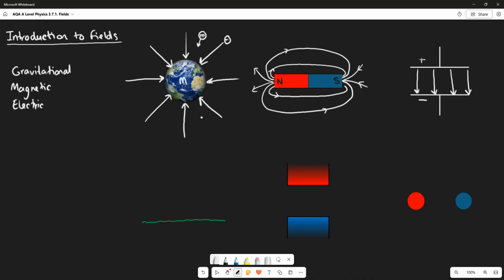And these force field lines exist throughout all of this space. The same for a magnetic field. The directions show the force that would be exerted upon a test north pole. And here in the electric field, if I was to place a positive test charge, it would be attracted towards the negative plate.